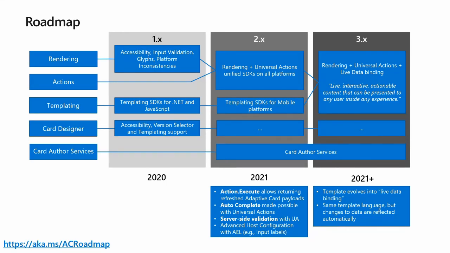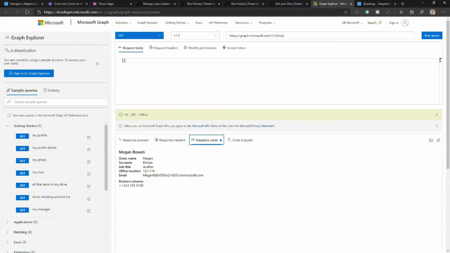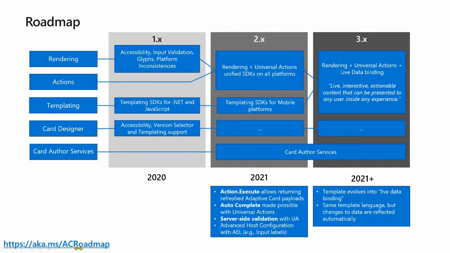And then possibly somewhere in the next years, we will have these card authoring services that, as I mentioned, will let us have this single place where the team can collaborate and create their own adaptive cards.